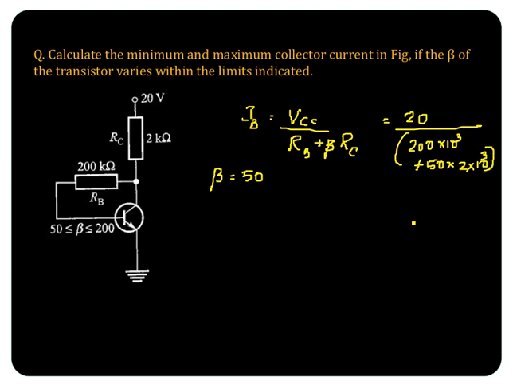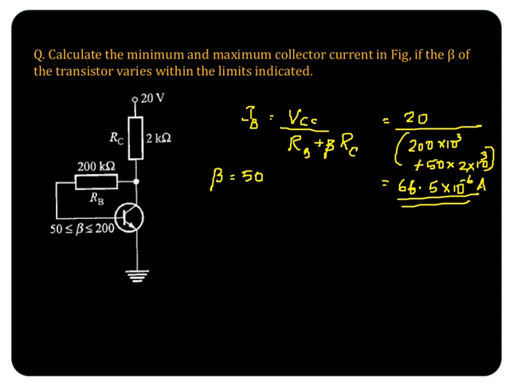If you simplify this expression, you will get it as 66.5 into 10 raised to minus 6 ampere, or 66.5 microampere.